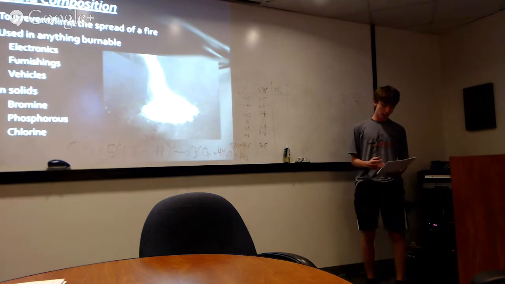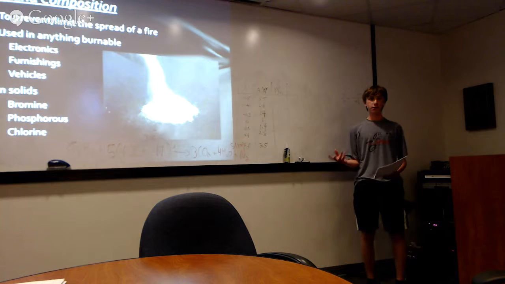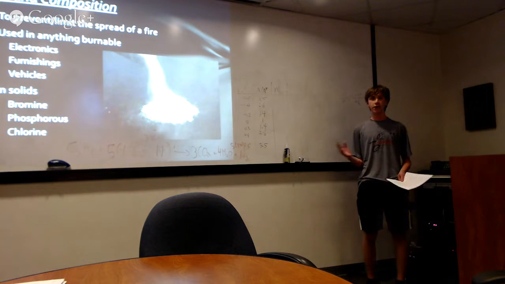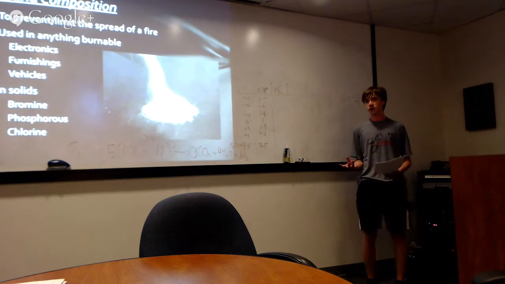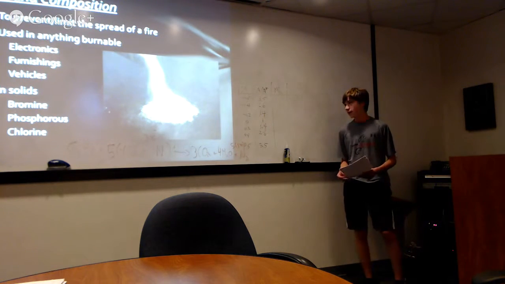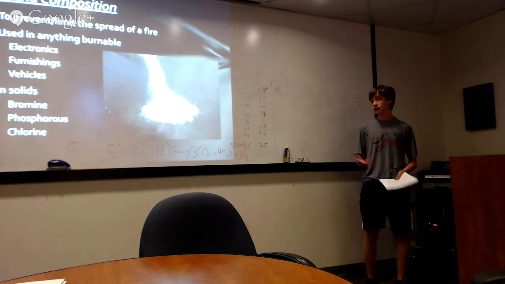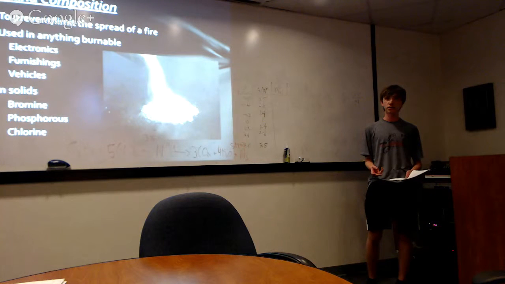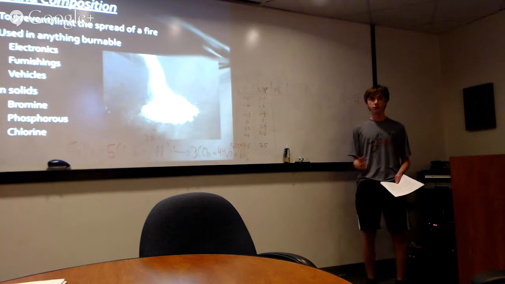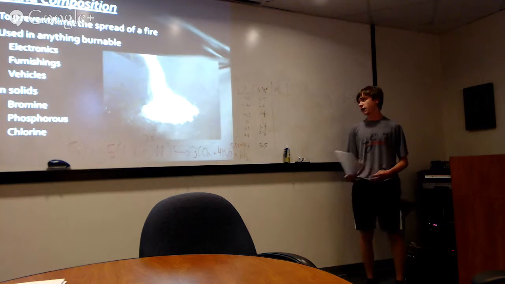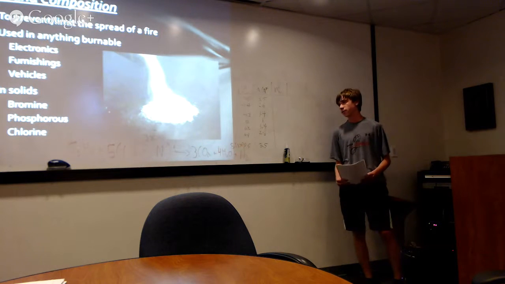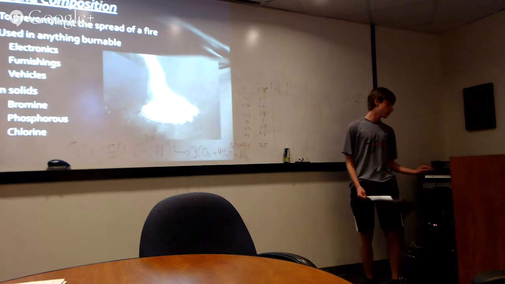So it prevents the oxygen from reacting with the fire, and it produces a char around the material so that the fire can't reach the material. It's blocked by the char. And the chlorine and the phosphorus react with the oxygen, so the oxygen doesn't react with the material, and that creates some dangerous chemicals sometimes.